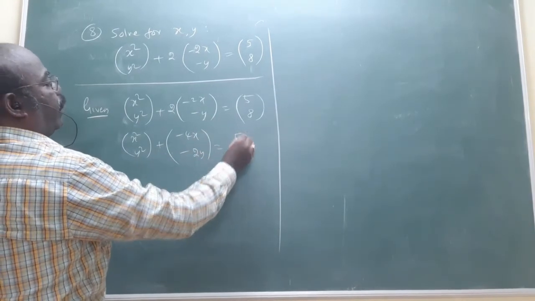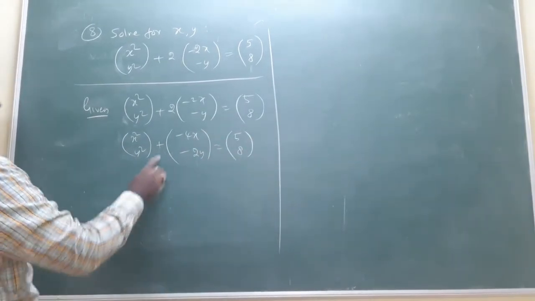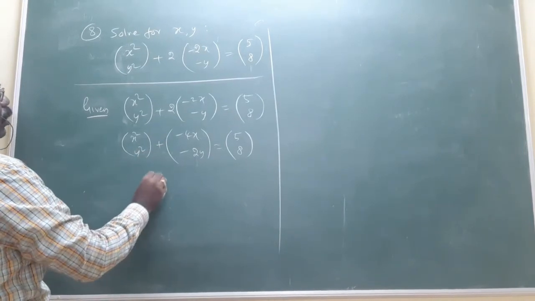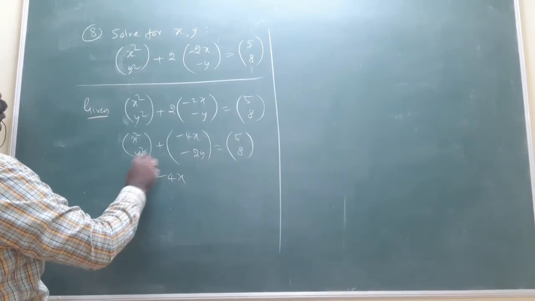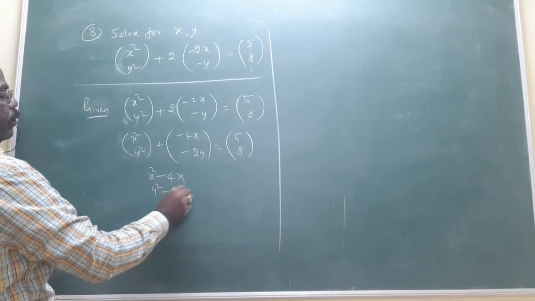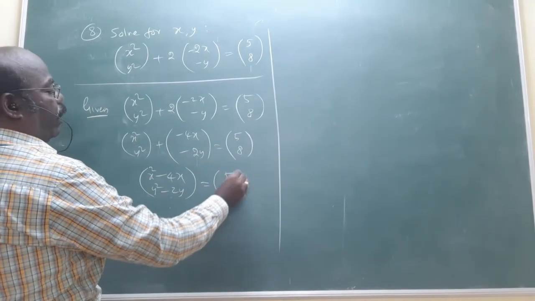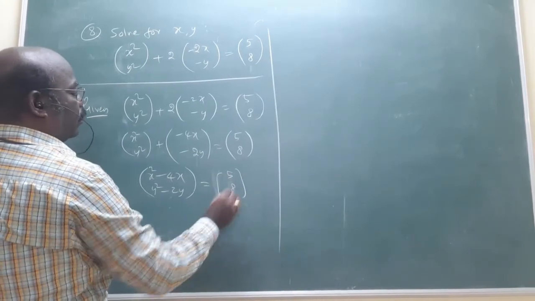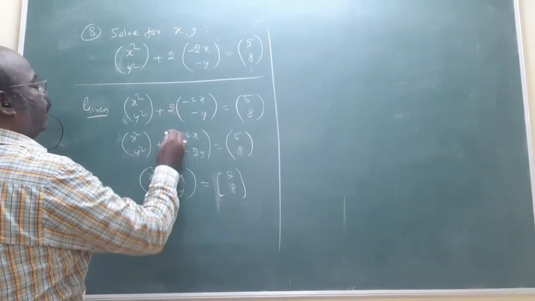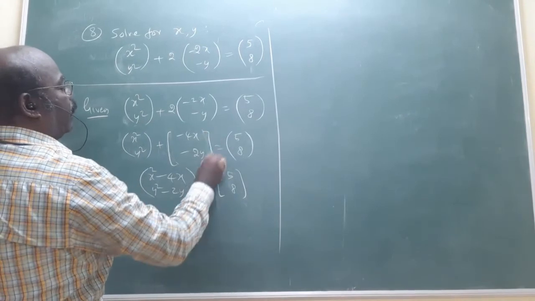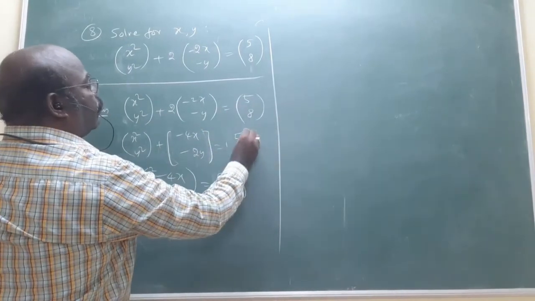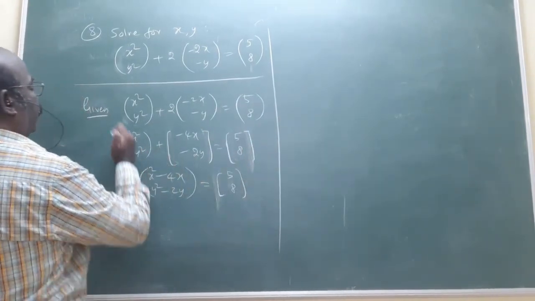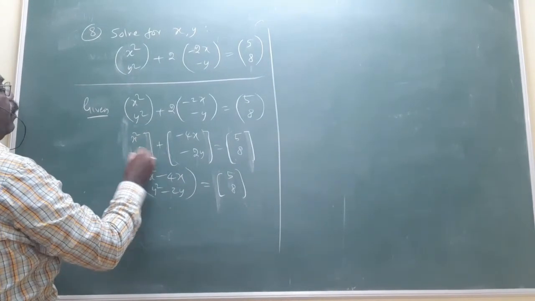Equal to 5. Now add: x square minus 4x, y square minus 2y, equal to 5. Put the bracket.